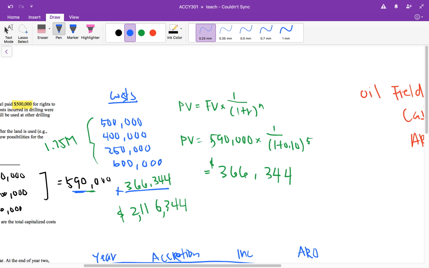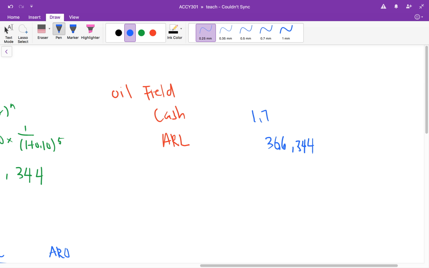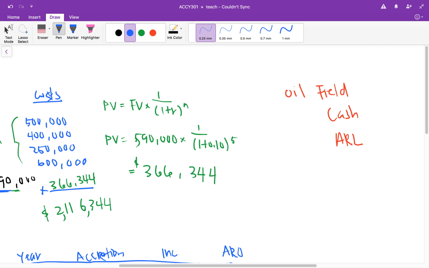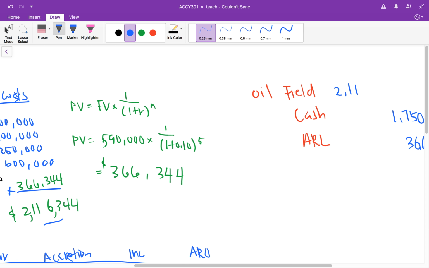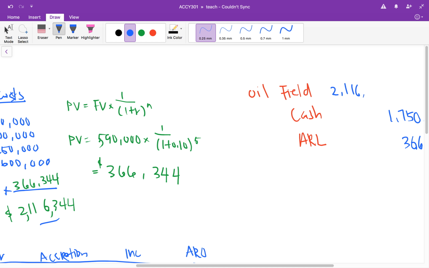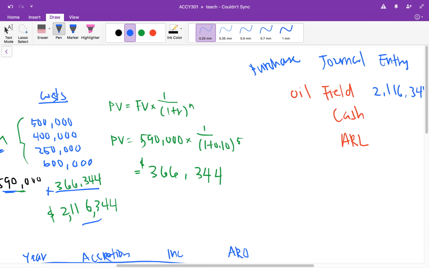Our cash was this amount right here, 1,750, and then our total cost is right here, 2,116,344, and this is the purchase journal entry.